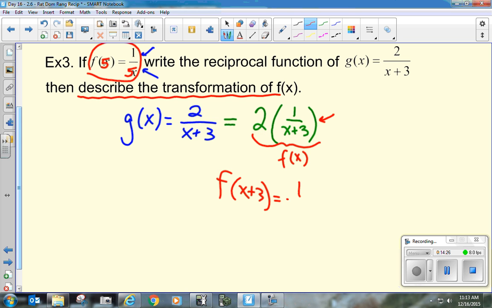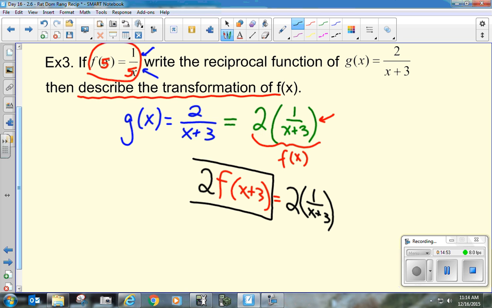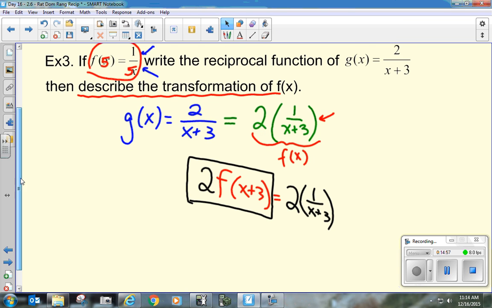That would give us 1 over x plus 3, right? It would. However, I'm still missing what? The 2. So if I want to multiply this function by 2, I'll just put that right here. And that would give me, I'll rewrite this, that would give me my 2 times 1 over x plus 3. Okay? That's it. So this is the same function, but we put it into the reciprocal function, okay?